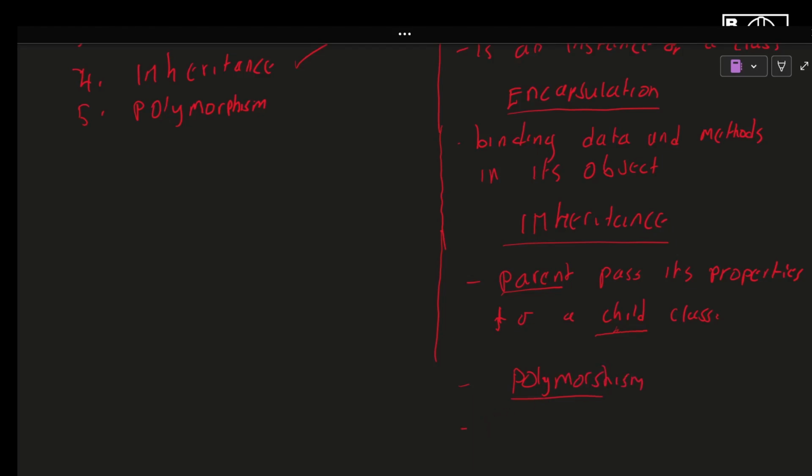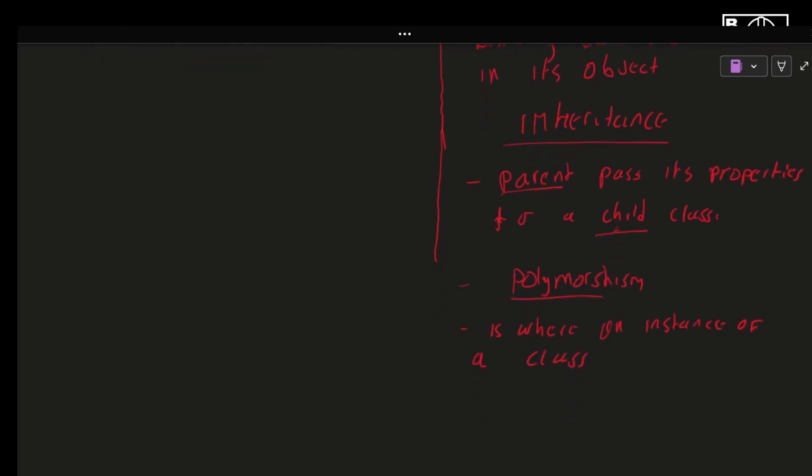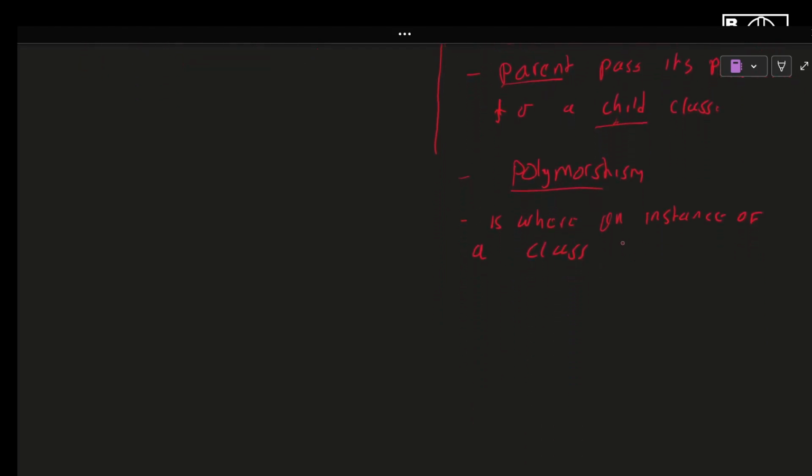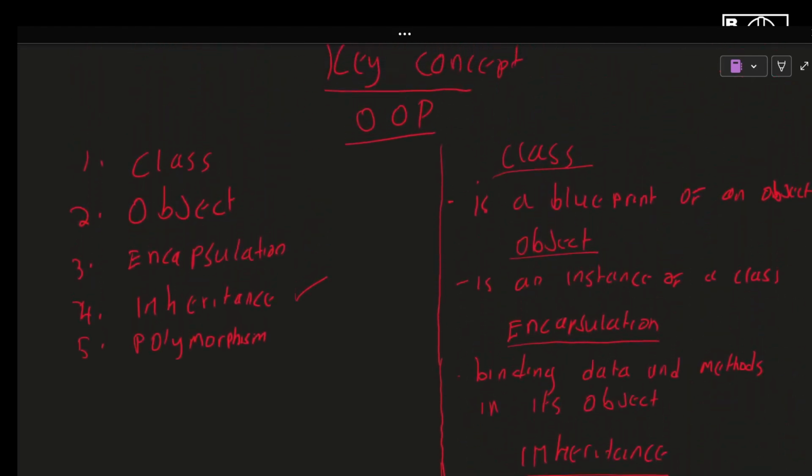Polymorphism is where an instance of a class behaves in multiple forms. Yeah. So we are not really people of definition.